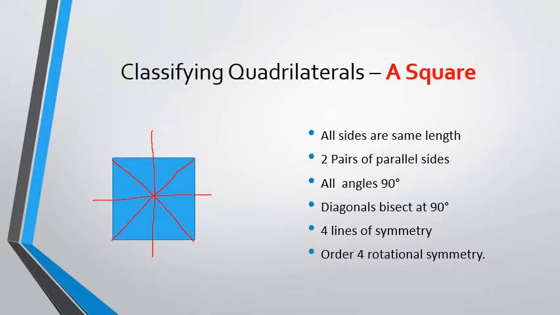The order of rotational symmetry is 4. If you rotate this side from here to here, that is the first, then again from here to here, second rotation, third rotation, and then the fourth rotation. In this manner, you get the order of rotational symmetry as 4.